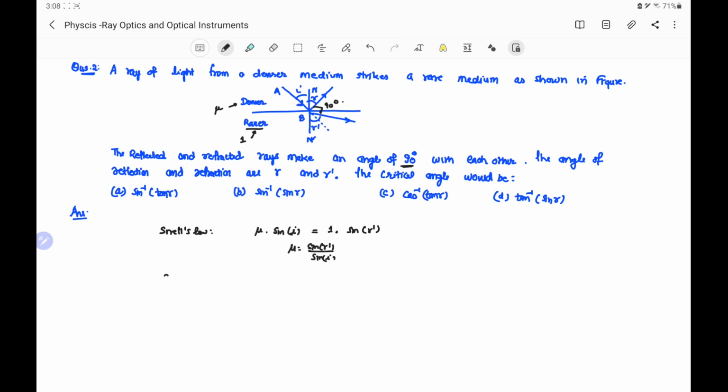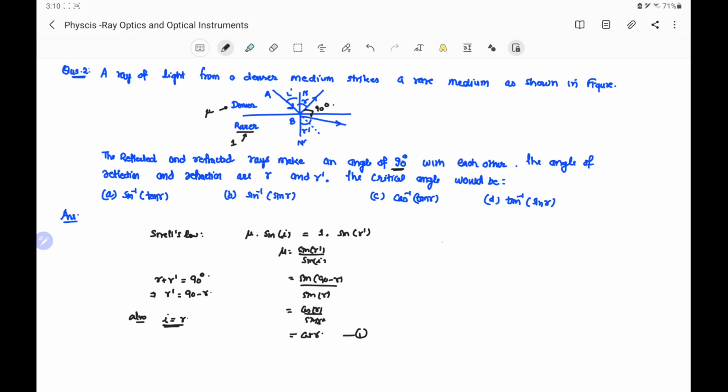Therefore, R plus R dash will also equal 90 degrees, or we can write R dash is equal to 90 minus R. Also, the angle of incidence I will equal the angle of reflection R. So using these values, we have sine of (90 minus R) over sine R, that is equal to cos R divided by sine R, and it is equal to cot R. This is expression number 1.